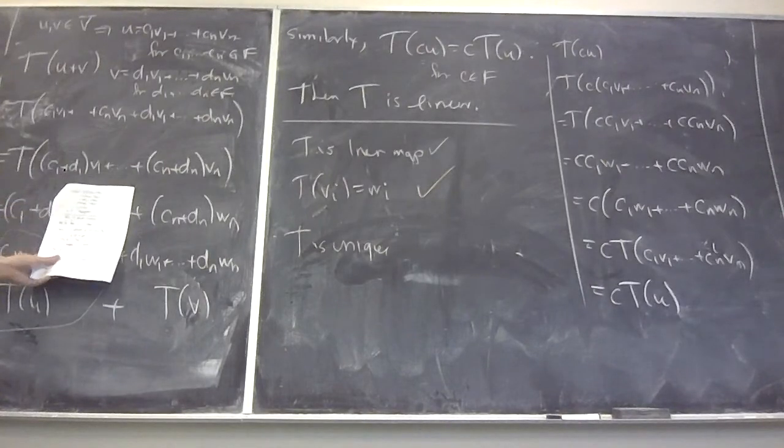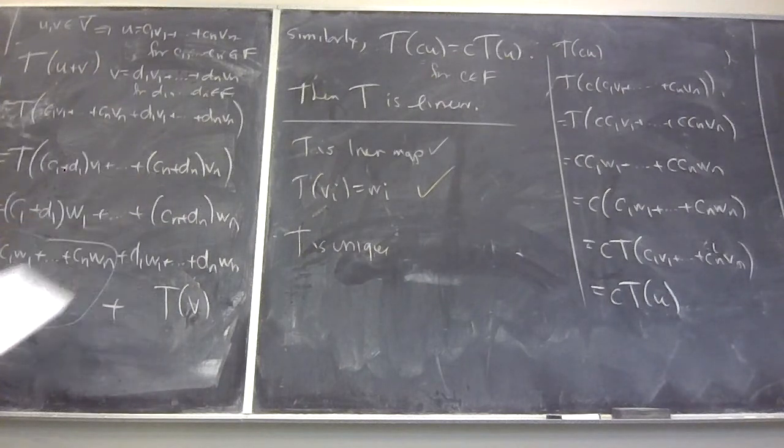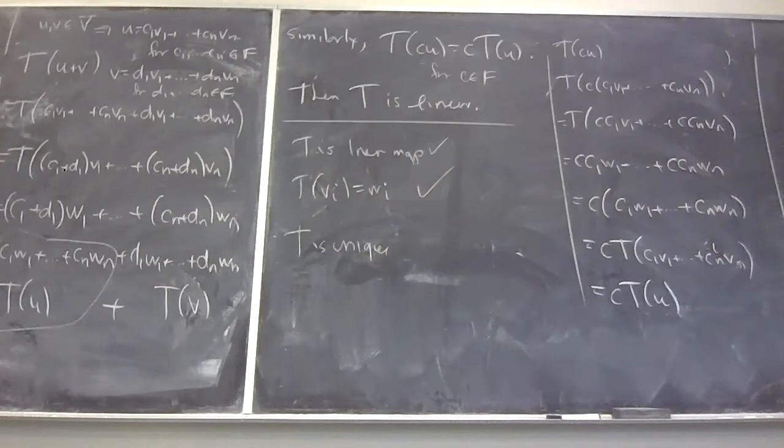Then I resort things with algebra. Then T knows what to do because I've got the linear combination of just one v1 and one v2 and one v3 and so on. The way we defined T only works on the expanded vectors.